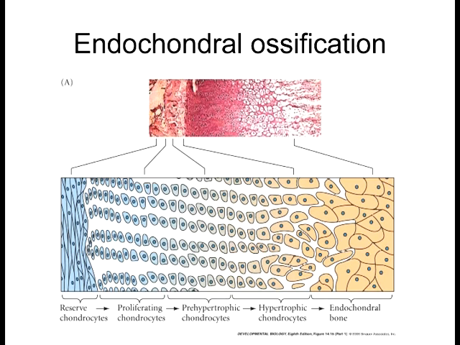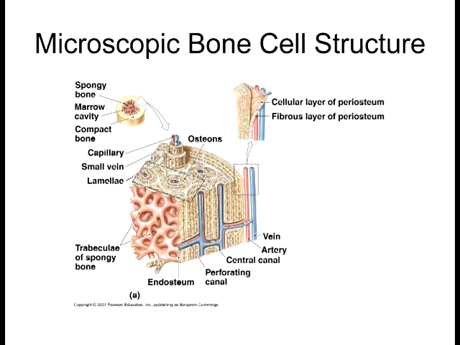And here's a showing of how your endochondral bones actually form. The perimeter of your bones isn't just one large chunk of calcified matrix. It's actually cylindrical. You have cylinders upon cylinders.